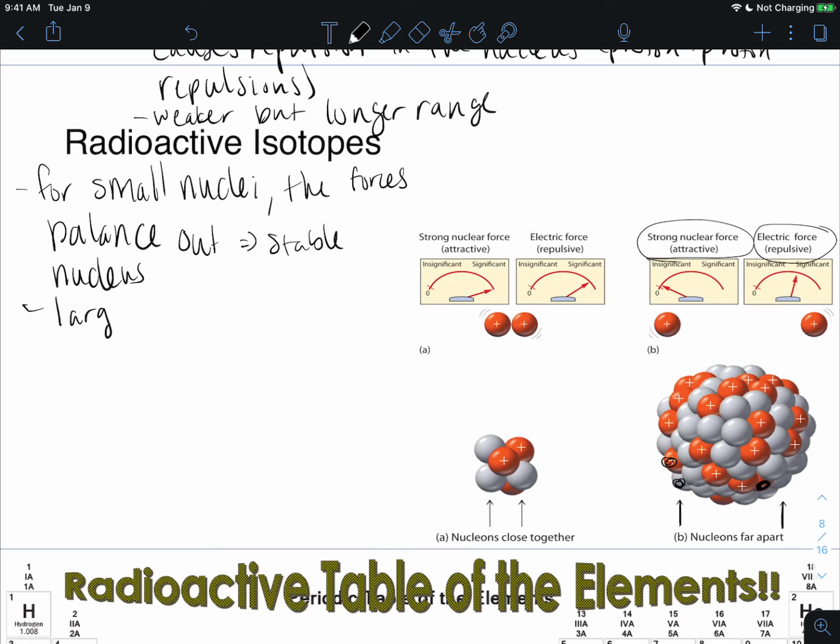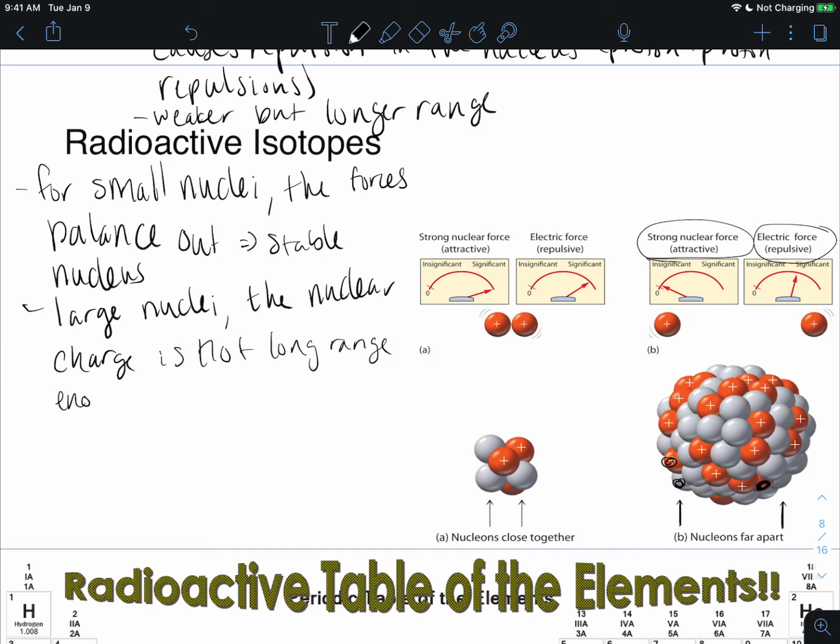Large nuclei, the nuclear charge is not long range enough to counteract the repulsive electric force, giving unstable nuclei.